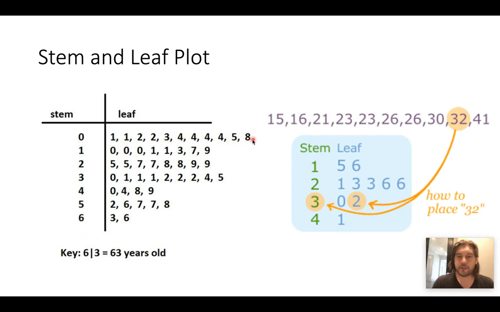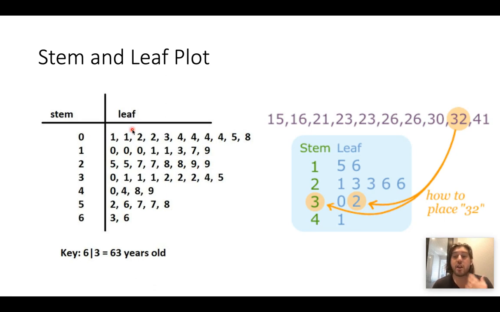You have leaves, and each number in a leaf section represents an individual data point. So this 1, we read this 1 by saying a stem of 0 and a leaf of 1. So that's a 0 and a 1. So this person is 1 year old. Then we move on to the next one, a 0 and a 1 again.